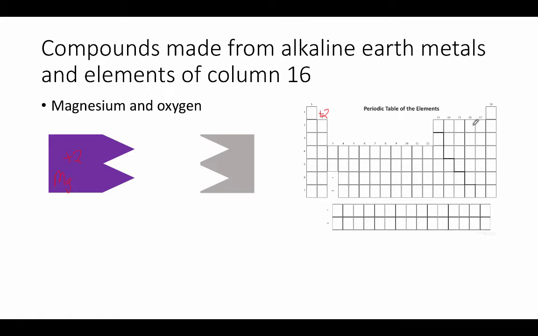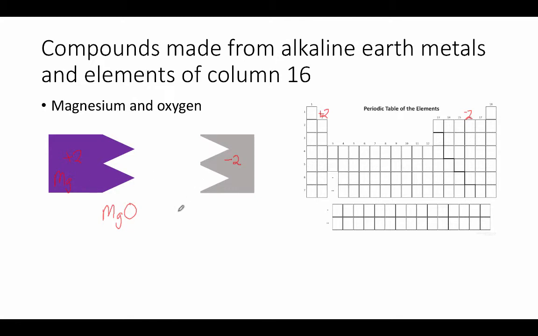So again, oxygen is in column 16, so it has a -2 charge. And again, these match up to combine. And so when you combine them, you get a chemical formula of MgO, because you need 1 magnesium and 1 oxygen.